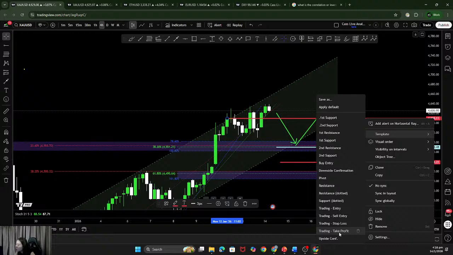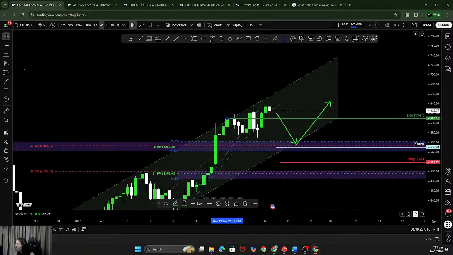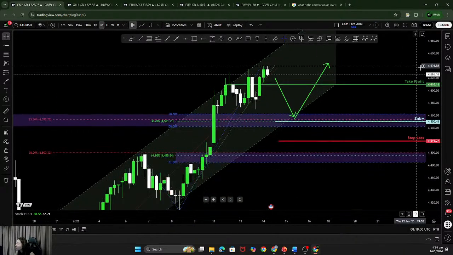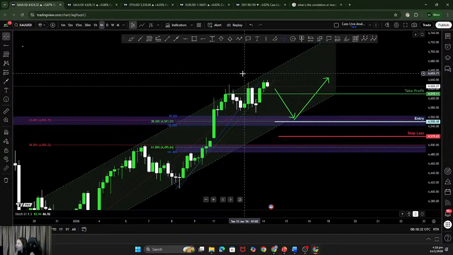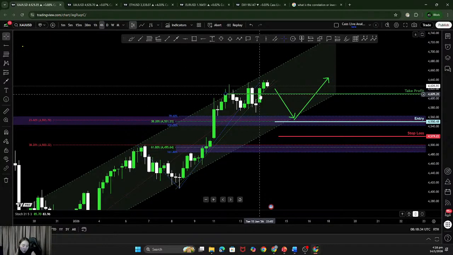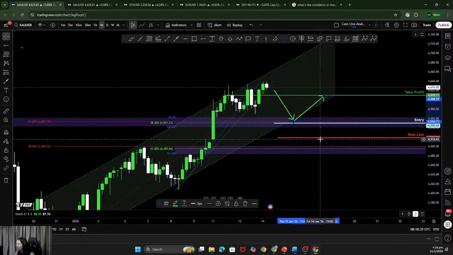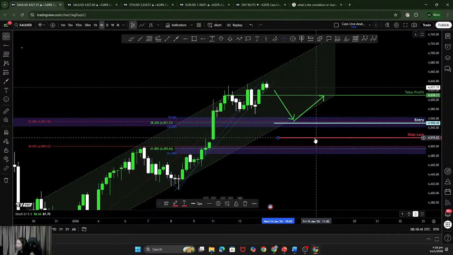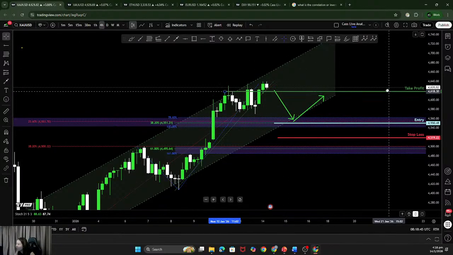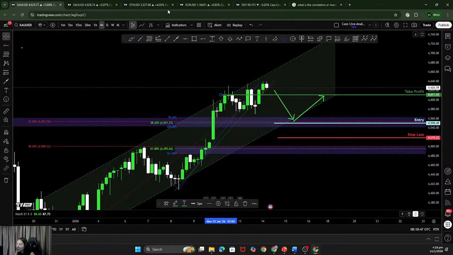I don't doubt that gold is going to go even higher, but to be very conservative, all-time high is the new resistance at this current point in time, and I don't want to be the person that tests it out. So I'm going to put my take profit here where this swing high is.